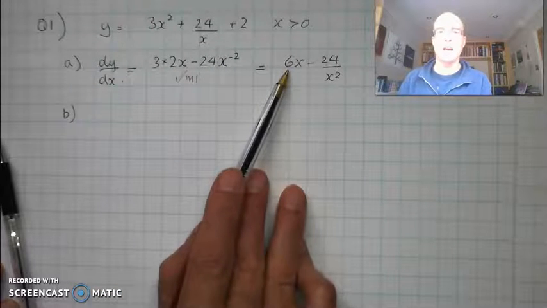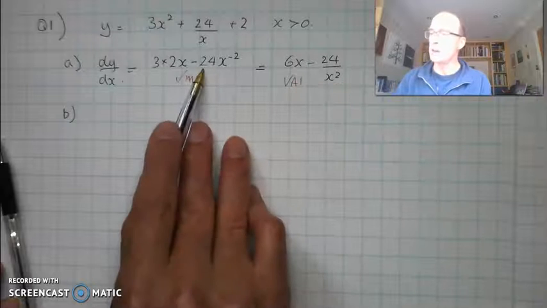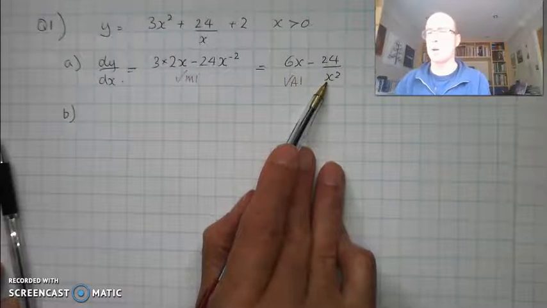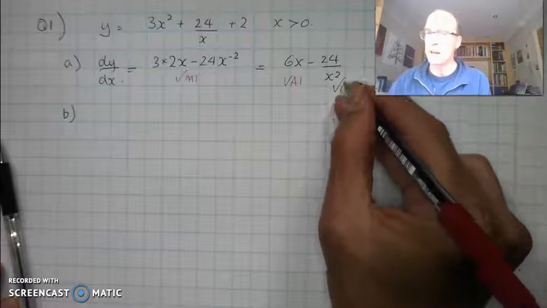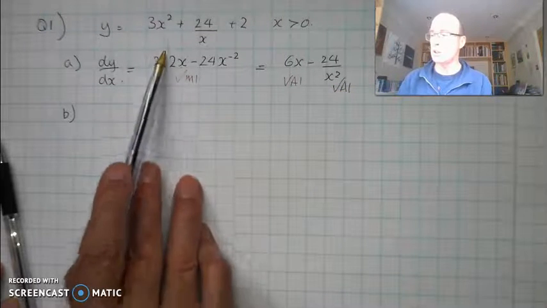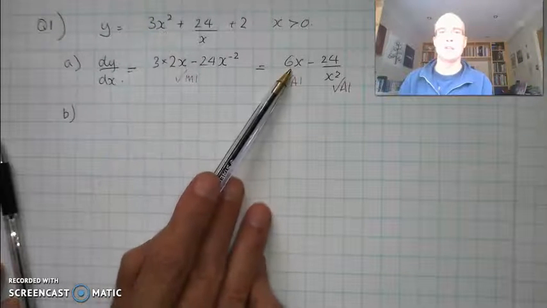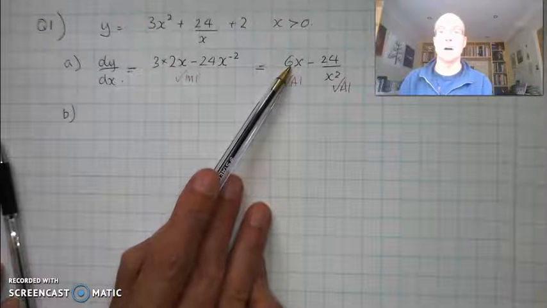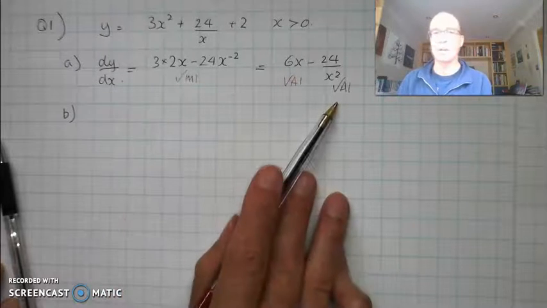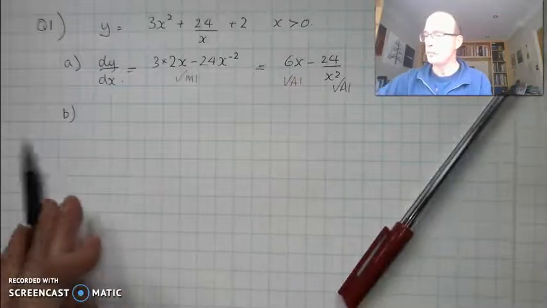So getting the 6x would have got me an extra accuracy mark, and then either the minus 24x to the minus 2 or minus 24 over x squared, same thing, got me my second accuracy mark. So if we correctly differentiated 3x squared to get 6x, I've got 2 marks, a method and an accuracy mark, which is really generous. 3 marks in total, a pretty easy part of the question.